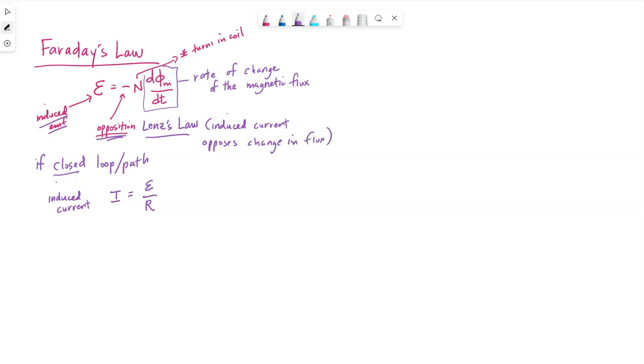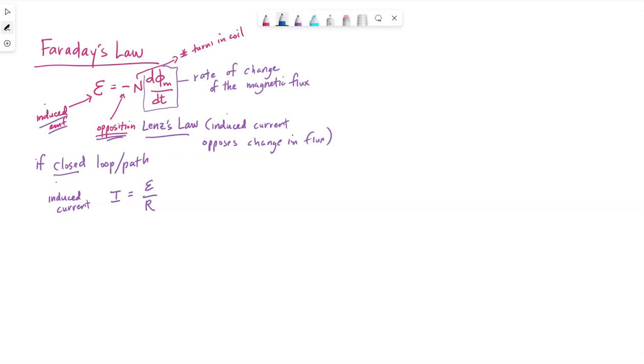If the flux is increasing, then the induced current travels in a direction to try to decrease that flux back down. If the flux was decreasing, the induced current will be in a direction to try to increase it back up. So it's always opposing and fighting, not really fighting, of course, but working to oppose that change.